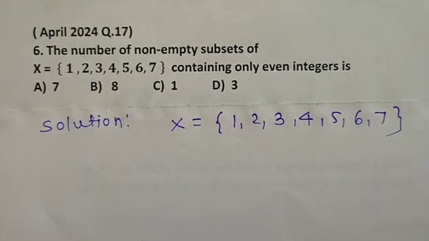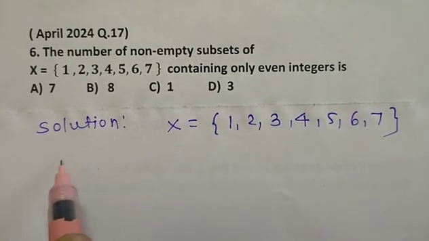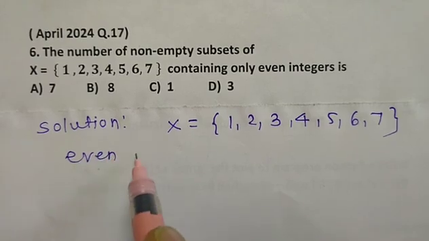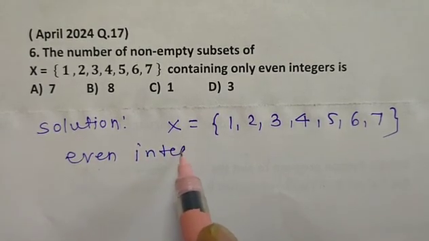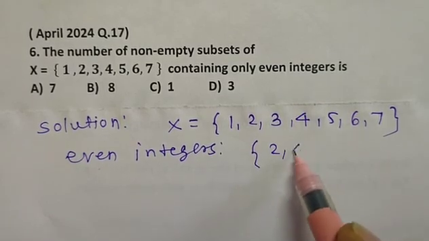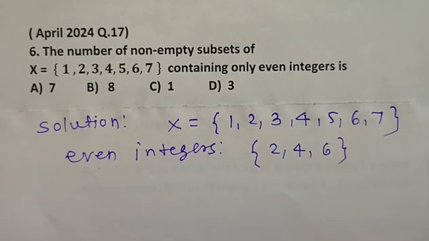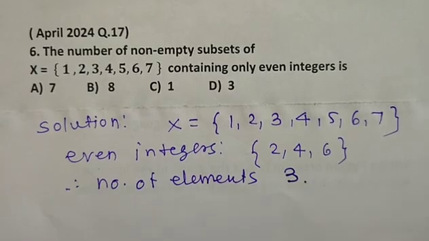Now we have to consider only even integers. Therefore, even integers are 2, 4 and 6. That is, the number of elements is only 3.